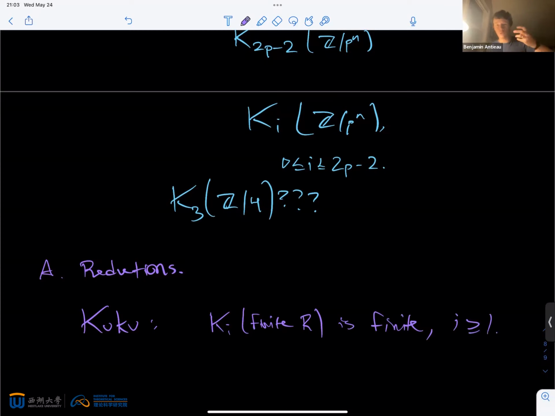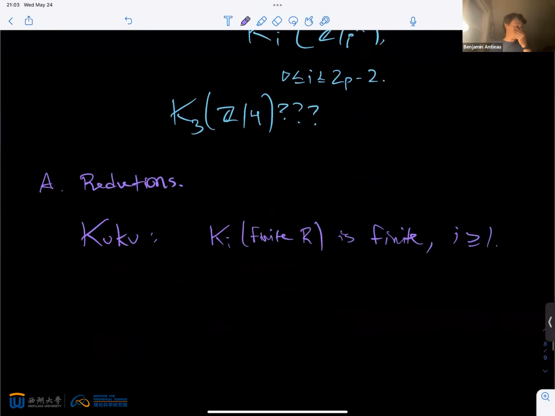Namely, if I have a commutative ring or even associative ring which is just finite as a set, then each of its K groups is also finite. It's a finite abelian group. So our aim here is to compute some finite abelian groups, so you would hope that this is something that we can do.